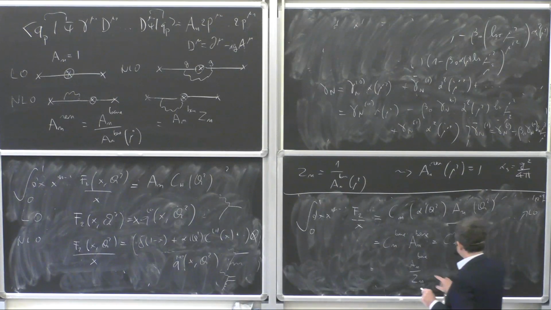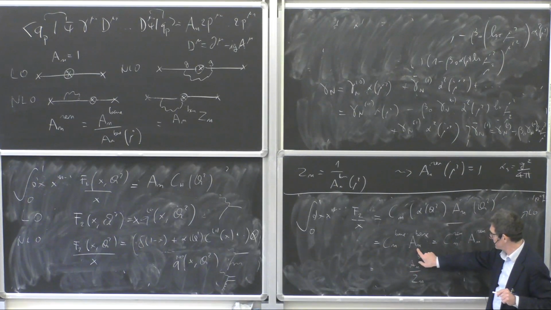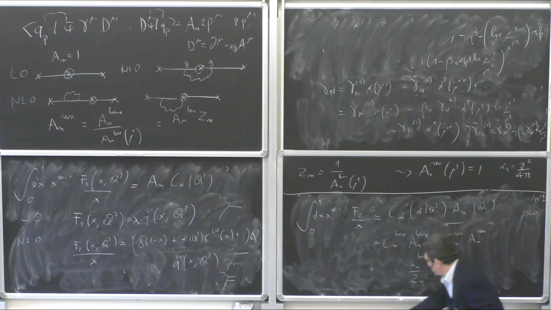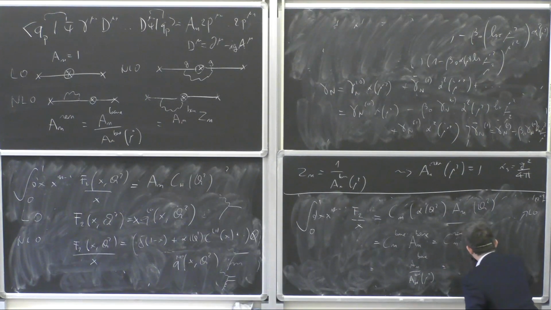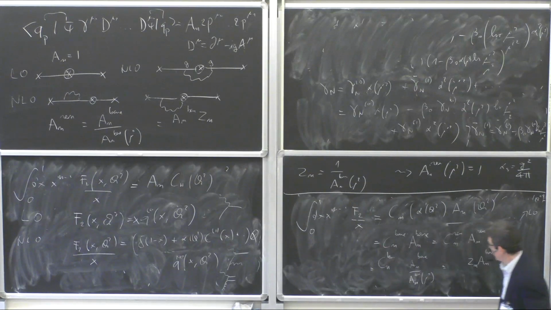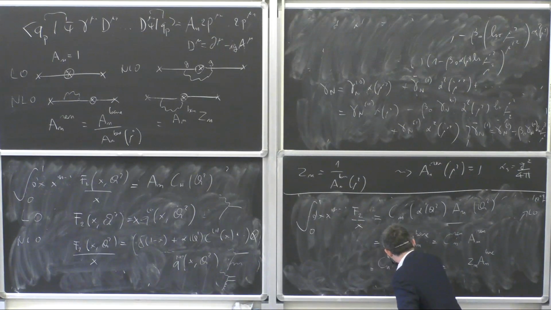So I must say that, just like I had a bare Cn, which then became a renormalized Cn by dividing out An bare evaluated at scale mu square, which was like An bare times some coupling times some renormalization constant Zn, there must be some Cn bare here where I actually multiplied by the same constant, An bare mu square.